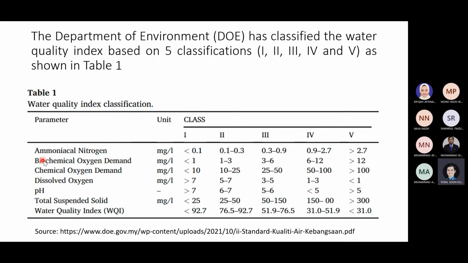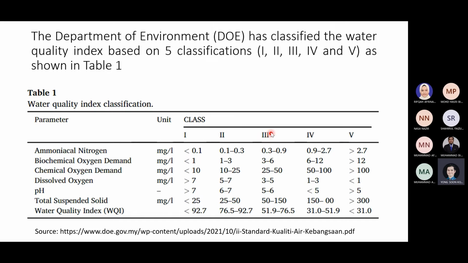As you can see here, they are based on different classes between class 1 until class 5. Class 1 is the highest standard and is of many usages. Based on these different classes, they have described the suitability of this water for users, sometimes for drinking purposes, for agriculture, for recreation.